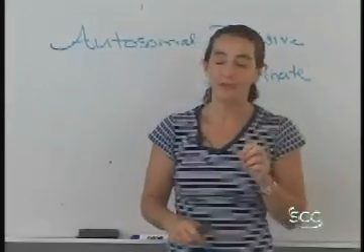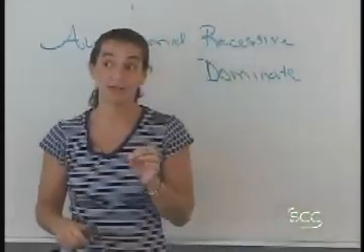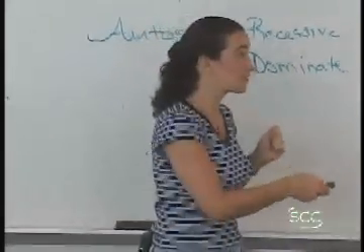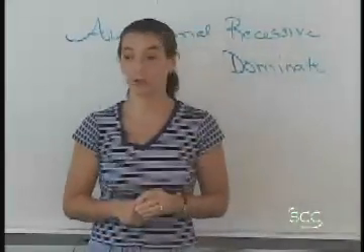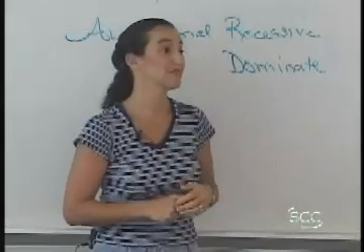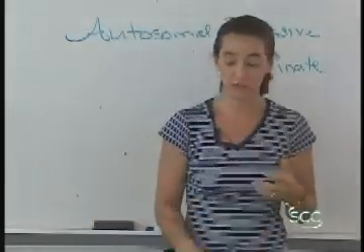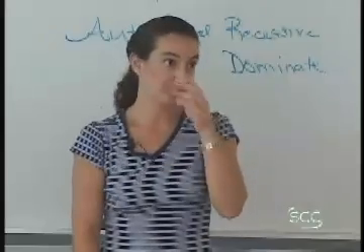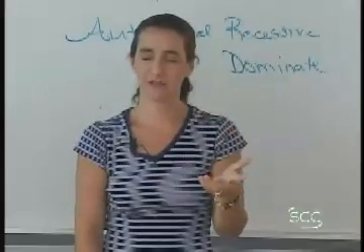Okay? So what that means is, if there's a risk of having a child with cystic fibrosis, there's a 75% chance that you'll have a normal child. But there's that 25% chance that you'll have a child with cystic fibrosis, which is a pretty severe disease.